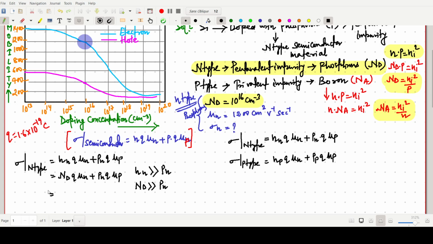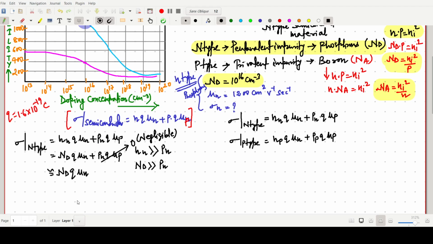So this expression can be modified as N d q mu n, by replacing the second term with zero, almost zero, a negligible value. So this value will be N d q into mu n.